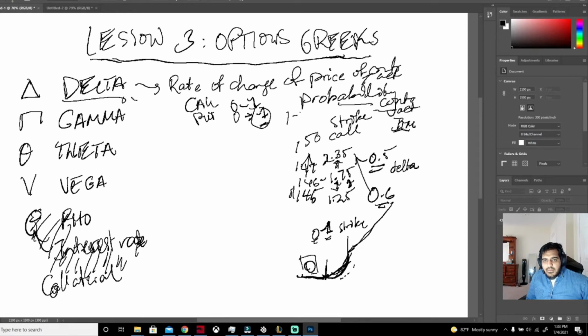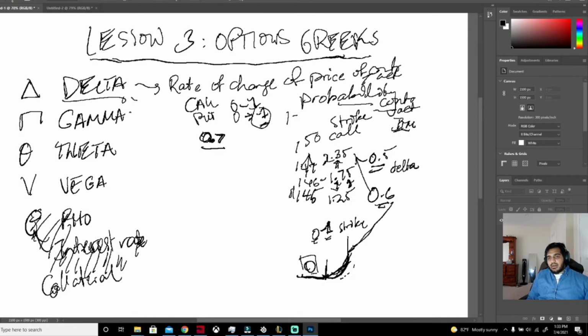People say that if you have a delta of 0.7, that's an ideal scenario, that it'll be in the money soon, and you should always play around a delta of 0.7.